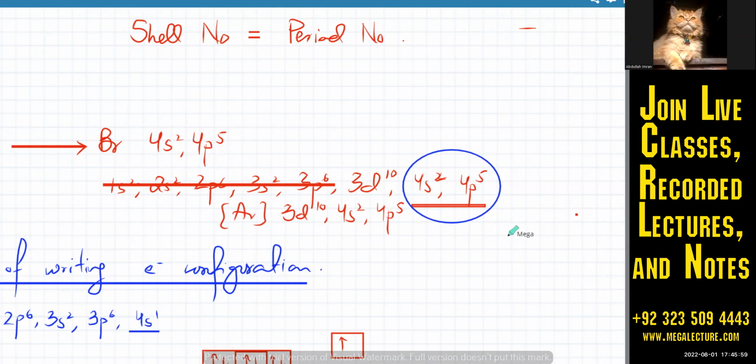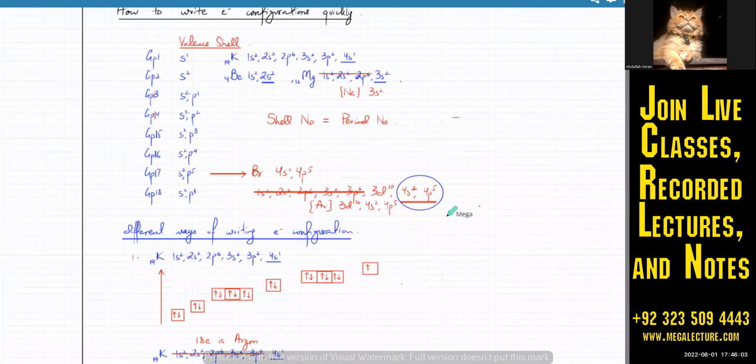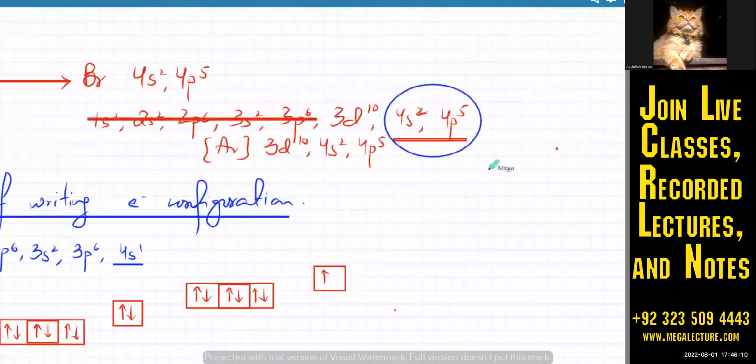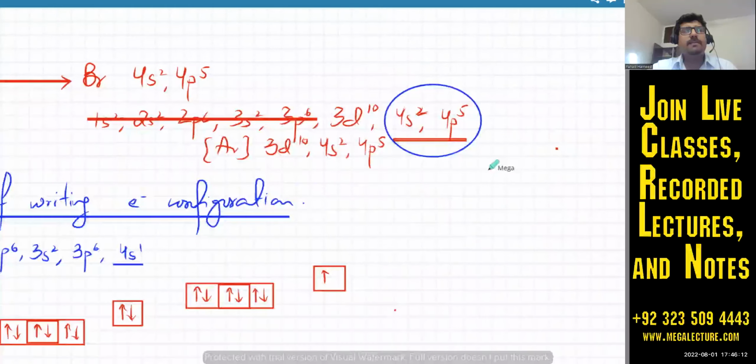Sir, I have a small question. Yes. Why do we add the 3d10 if only the outermost shell needs to be specified, like in the case of bromine? First of all, if you just want to know the outer shell, there's no point for 3d10, right? I'm saying this is the shorter version, because before 35 only argon comes.